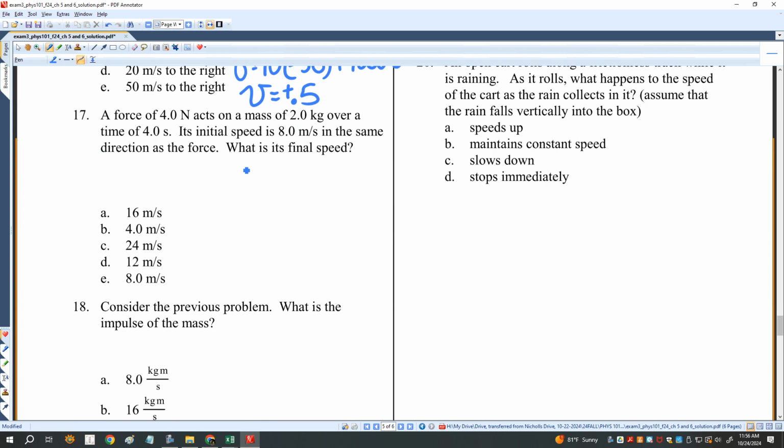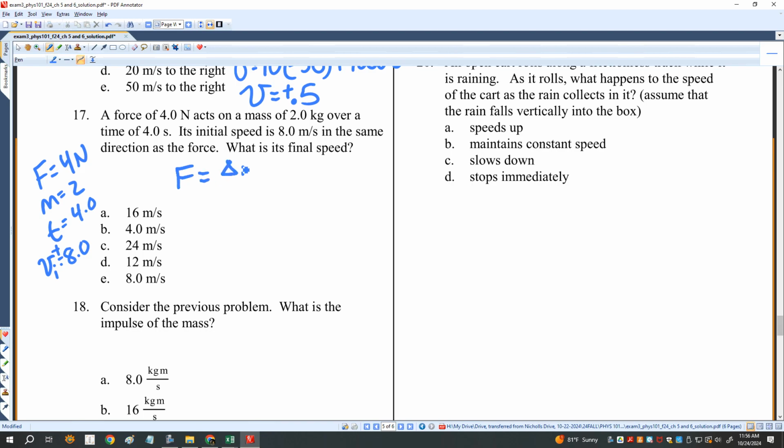You have a force that acts on a mass over a time of 4 seconds. Let's just write down what we know. F is equal to 4, m is equal to 2, t is equal to 4. Its initial speed, v initial, is equal to 8 in the same direction as the force, so it's positive. We'll say the force is positive. I want to know what is its final speed.